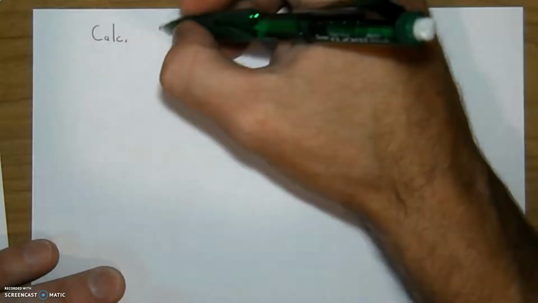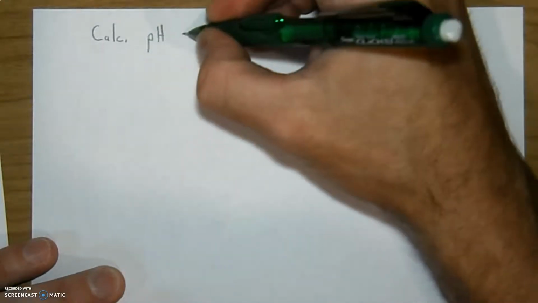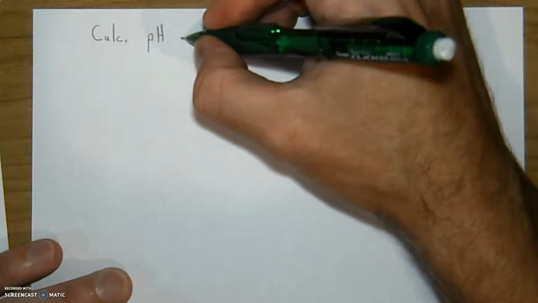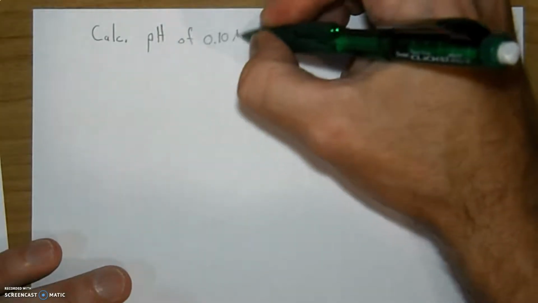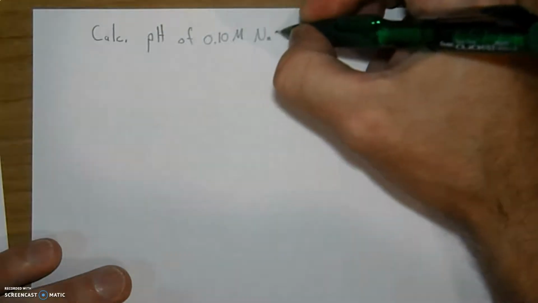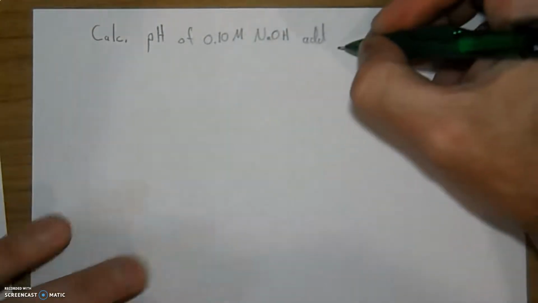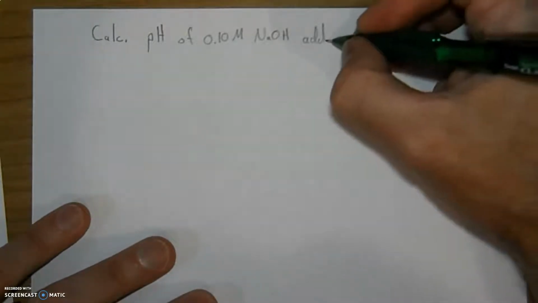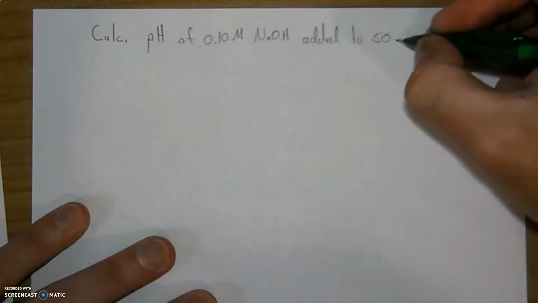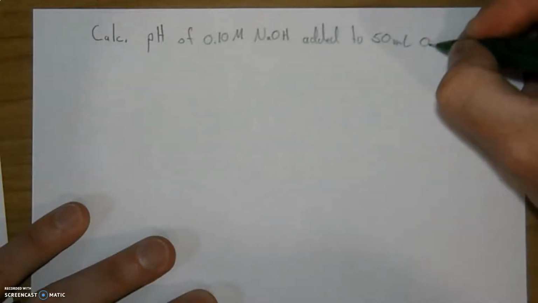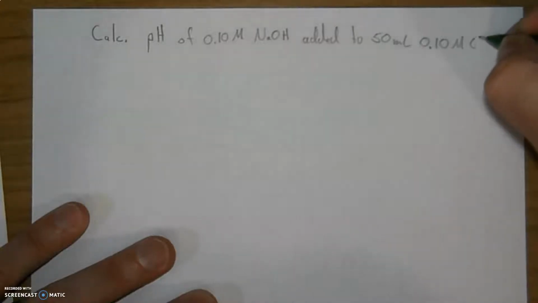So first one, calculate the pH of 0.10 molarity NaOH that is added, so that's the stuff you're adding to the titration, added to 50 mL of 0.10 molarity acetic acid.